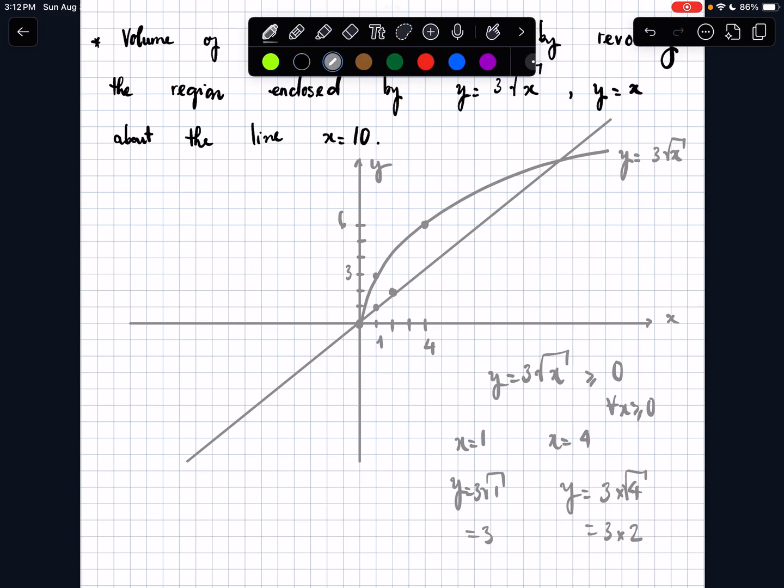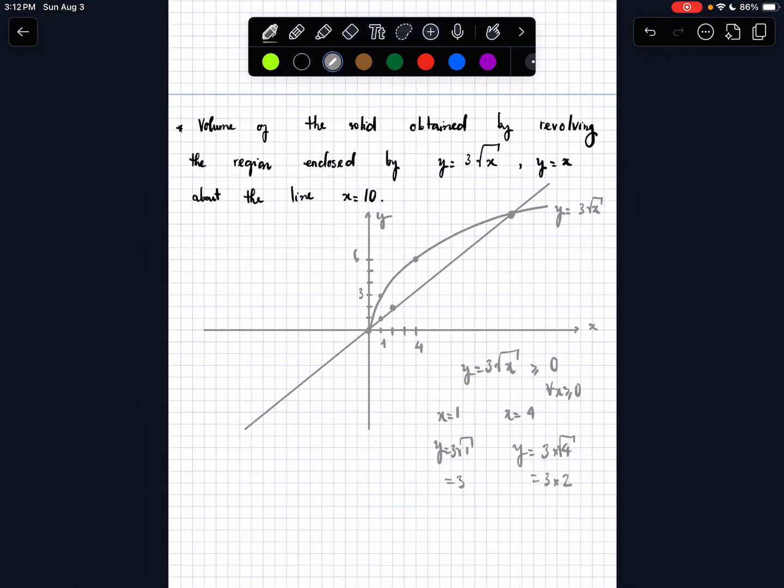We want to find the intersection point of the two graphs, say this has coordinates (x1, y1). We know for sure the origin (0, 0) is one intersection point.